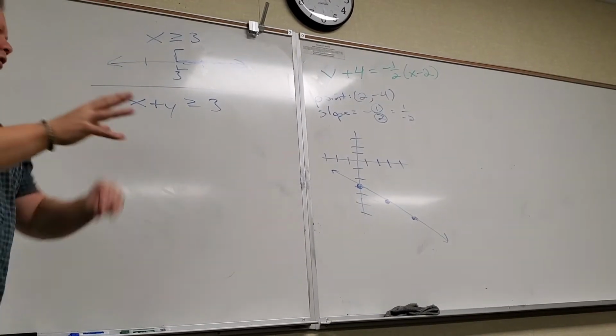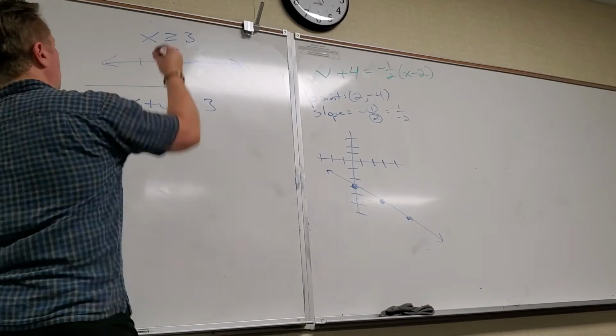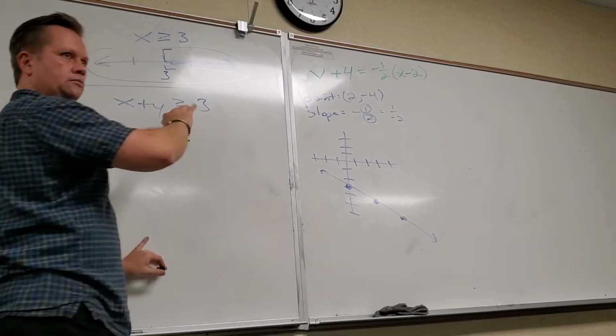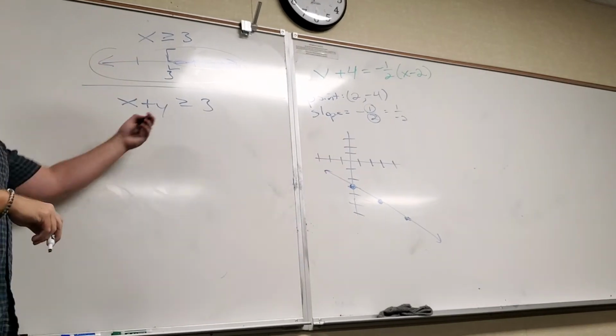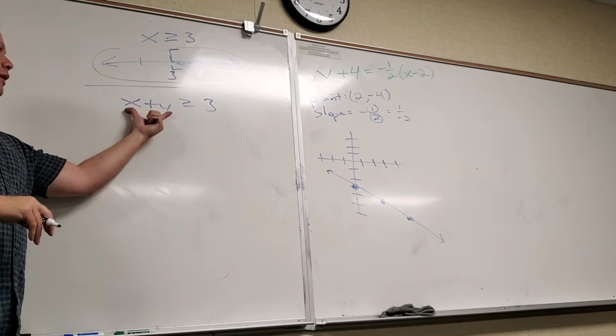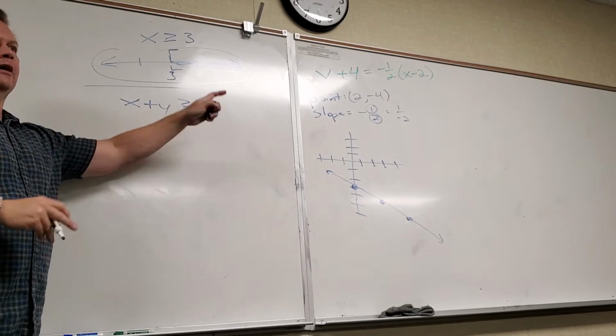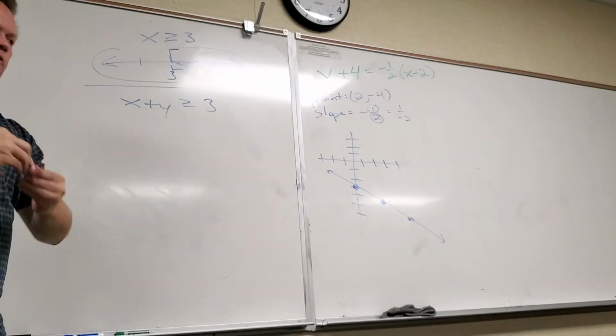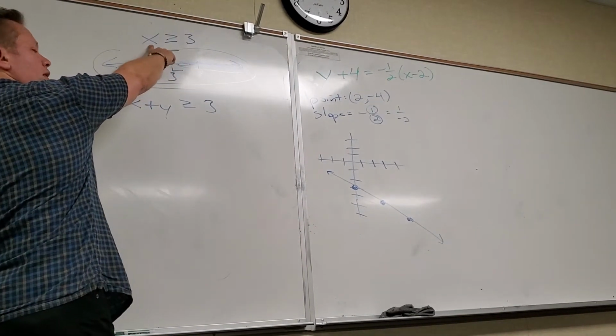So what's going on here is, on this number line, where are the x's bigger than 3? Over here, right? That's the basic idea there. Here it's going to be, what area has it so that all the points add up to be at least 3? So the easiest way to look at this is to make it related to this.